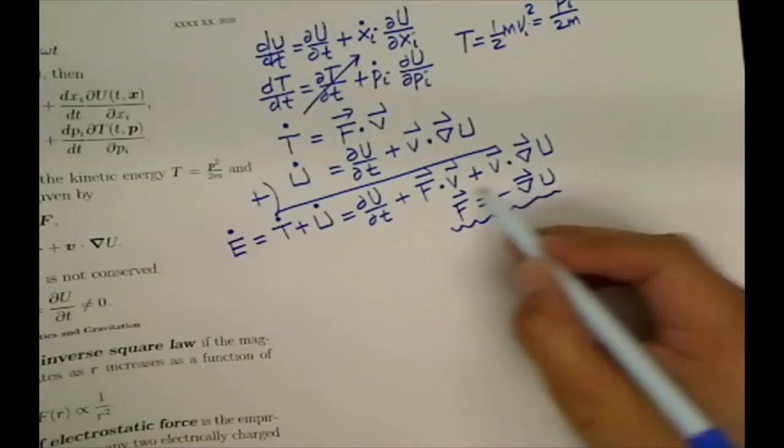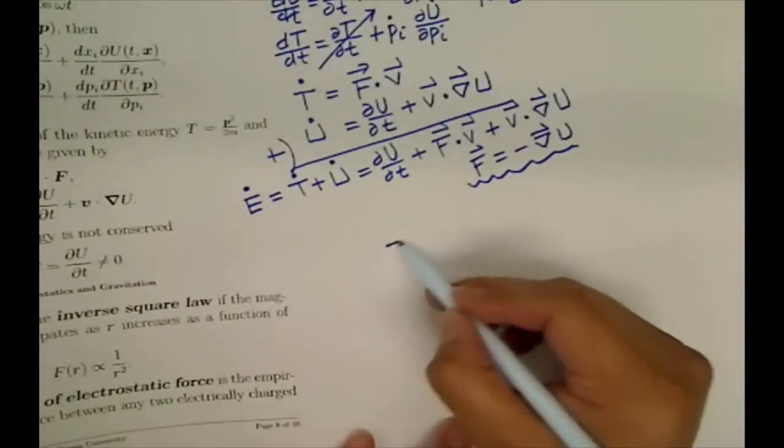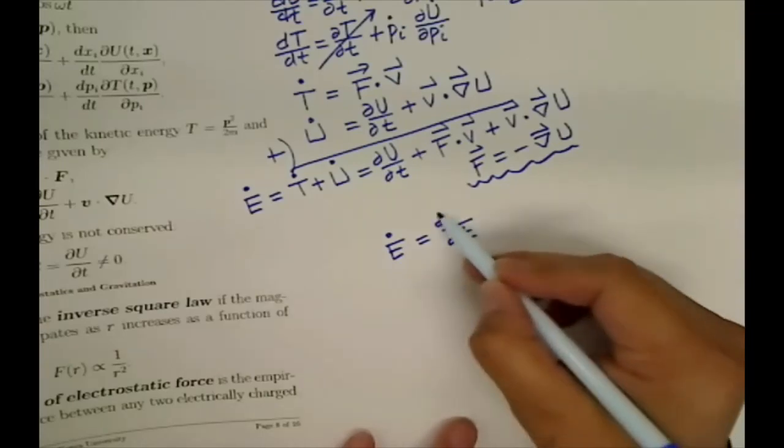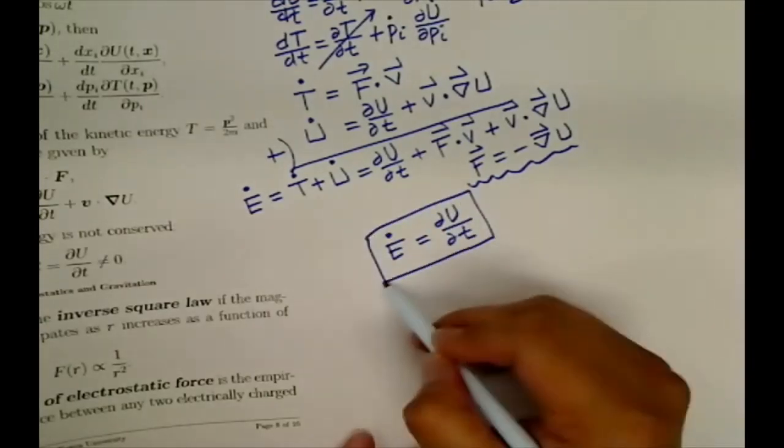Therefore, if I substitute in here, E dot is simply time derivative of potential energy.